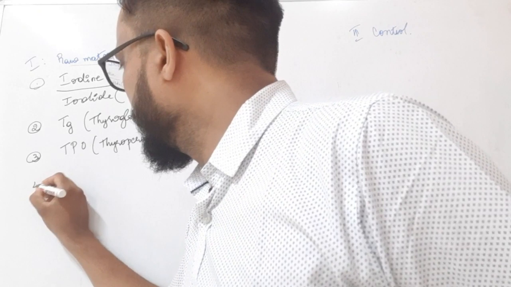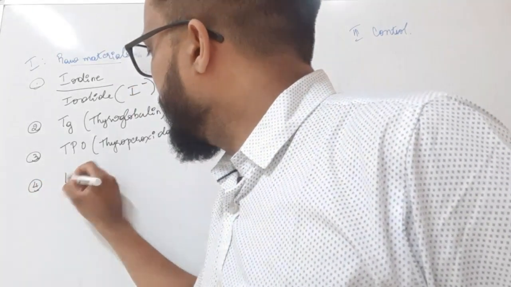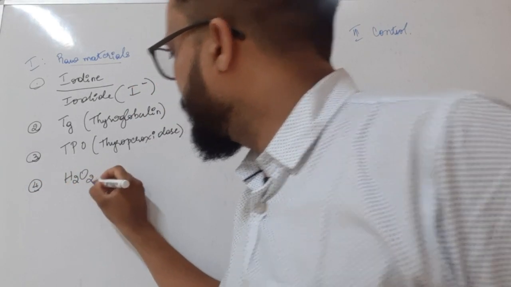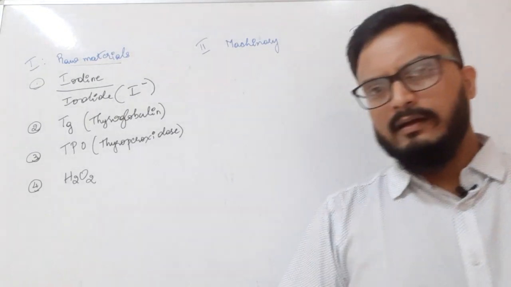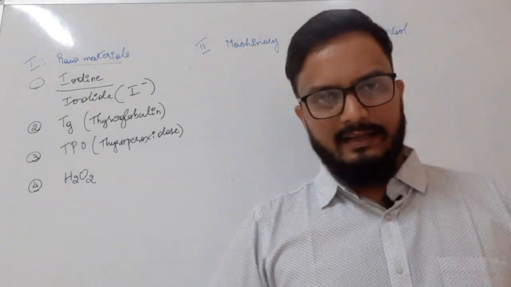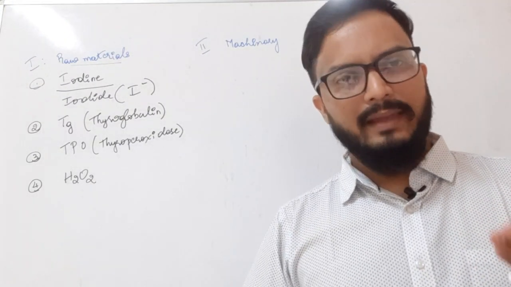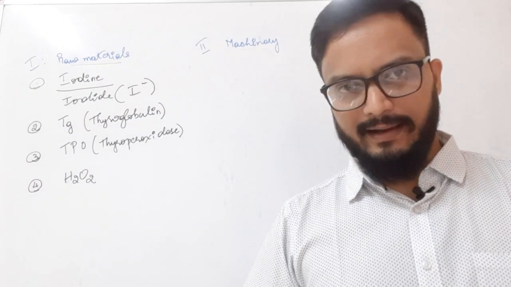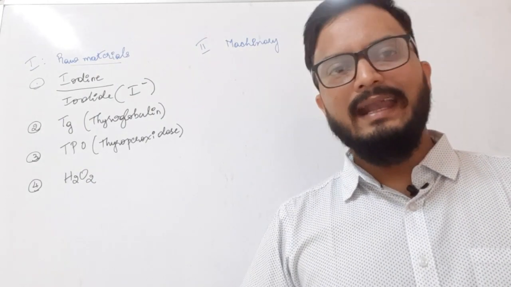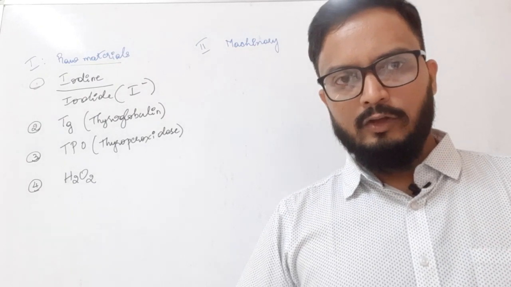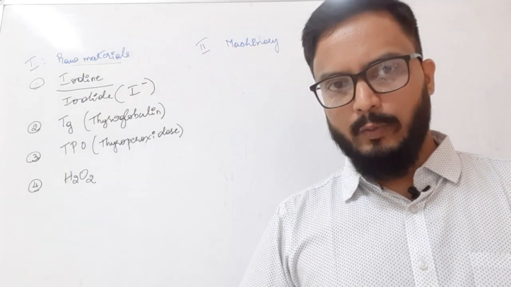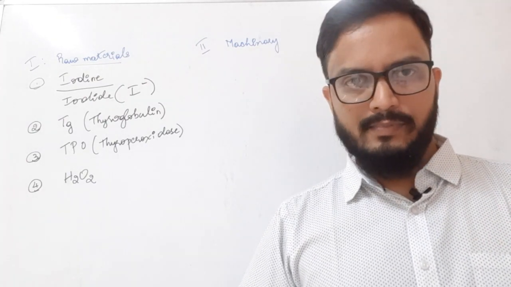Number 4 is hydrogen peroxide. The hydrogen peroxide is formed at the apical surface of the thyroid follicular cell by an NADPH-dependent flavoprotein referred to as dual oxidase.